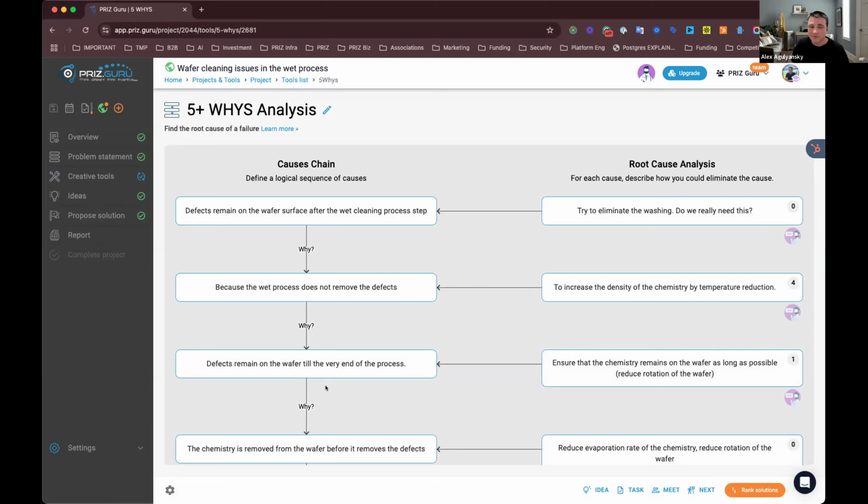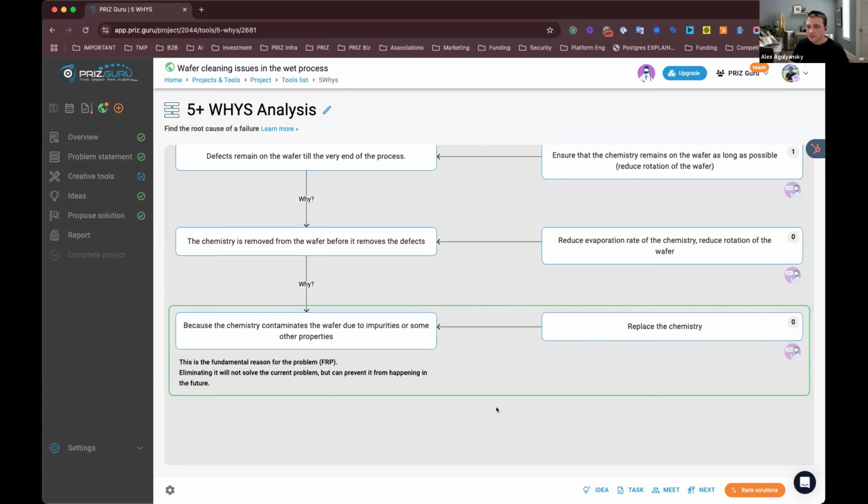And again, if you remember from the little presentation before, it's not necessarily the fundamental root cause that we want to address. Yes, we can for the future, and usually if the fundamental reason for the problem is addressed, it will solve the problem in the future, 100%.